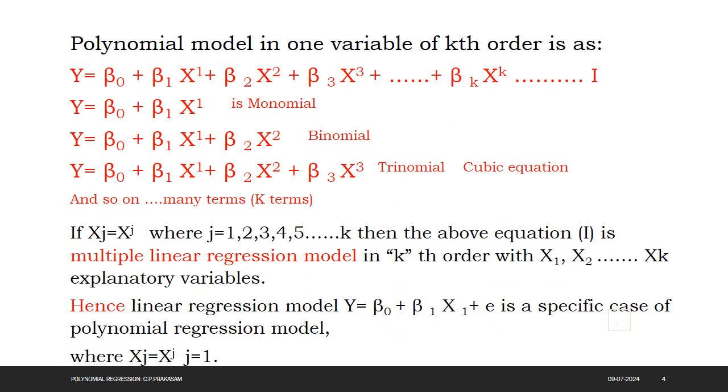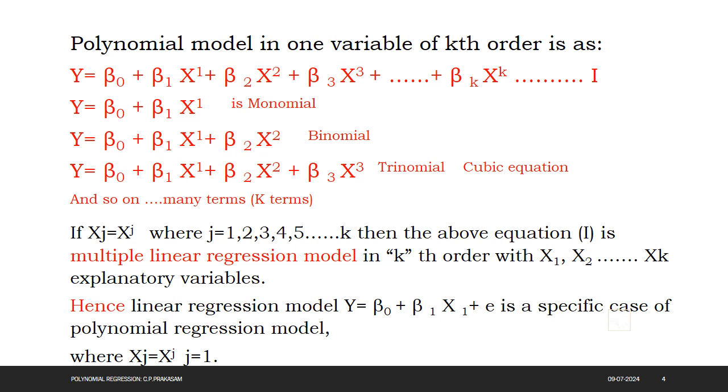Polynomial regression model with one variable of k order is as follows: y equals b0 plus b1 x to the power of 1 plus b2 x square plus b3 x cubed and so on, bk x to the power of k.